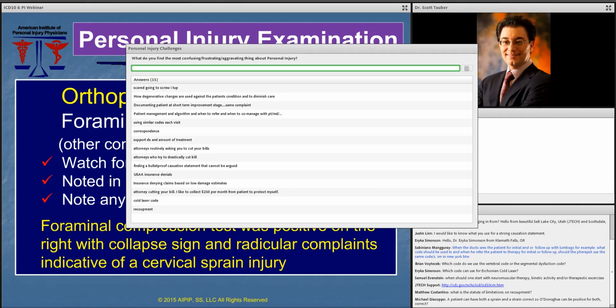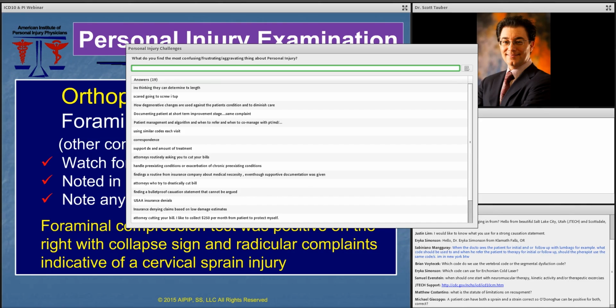Finding a bulletproof causation statement that can't be argued. Attorneys drastically cut your bill. These are all good questions. Some of them are not simple answers. USA, a particular carrier that starts with U and ends with A.